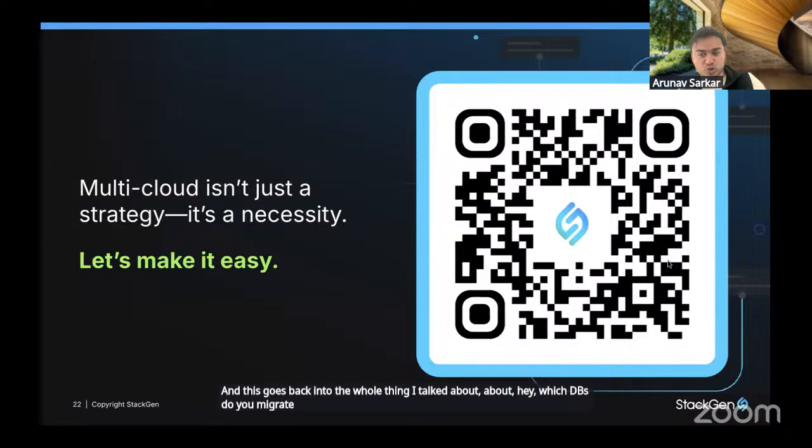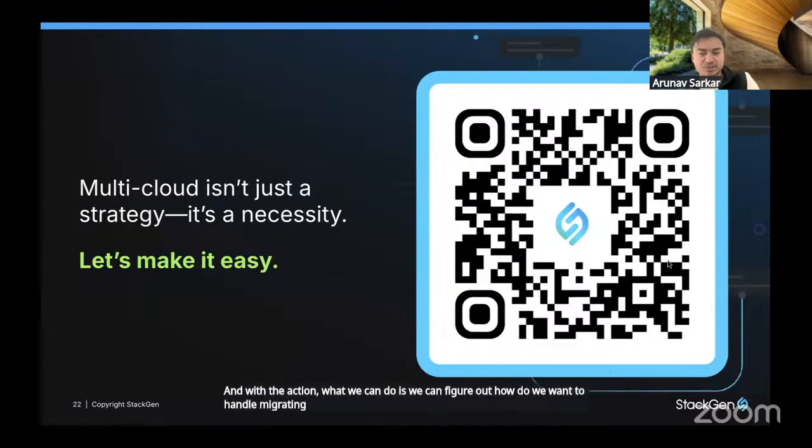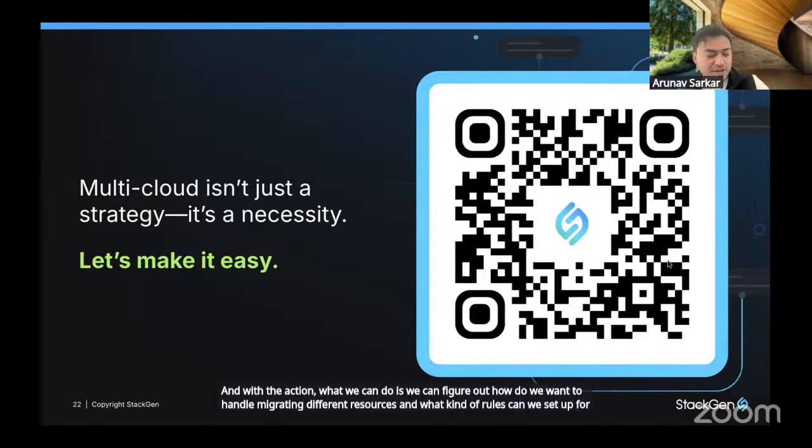There's always going to be choices involved, right? And with StackGen, we can figure out how we want to handle migrating different resources, and what kind of rules we can set up for those resources, right? So much longer conversation to be had around this, and a deep dive into our platform, but I hope I answered this at a high level.